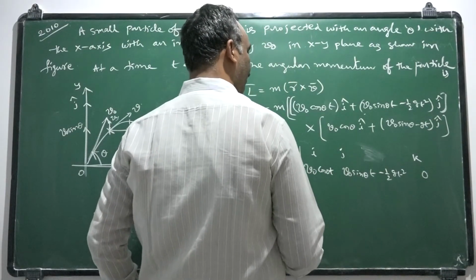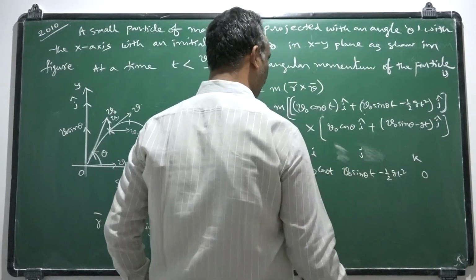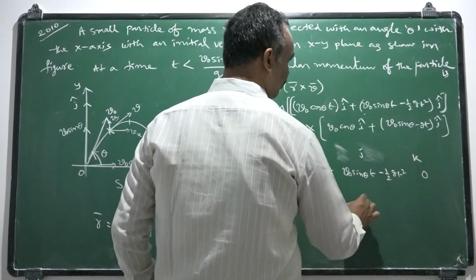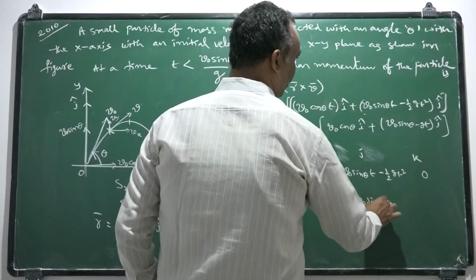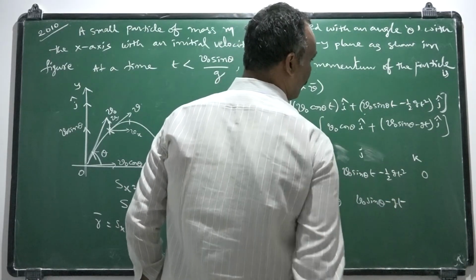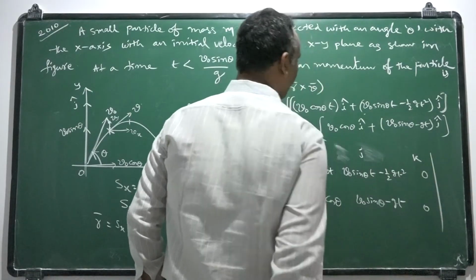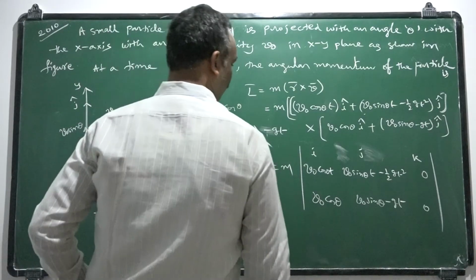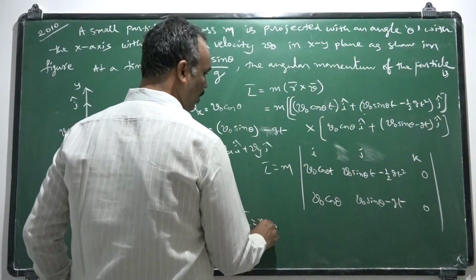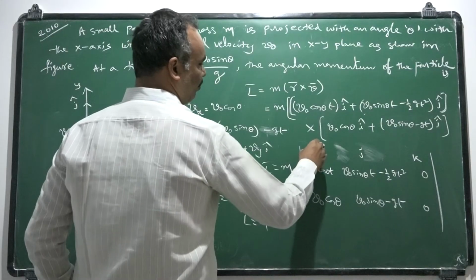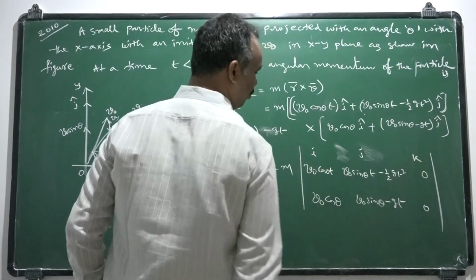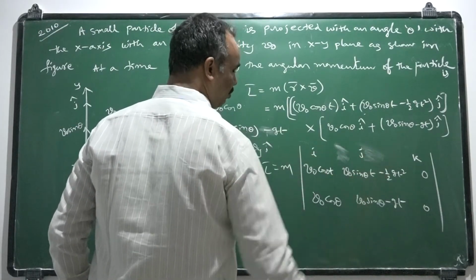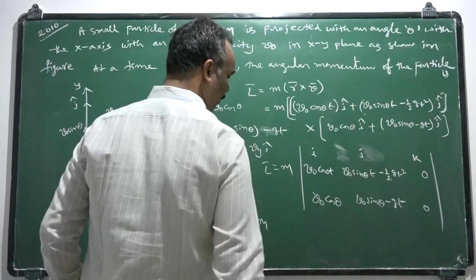Similarly the second row is v naught cos theta, v naught sin theta minus g t, 0. If you expand this, L bar is given by m into... first of all, if I close these two, 0 minus 0 is 0, no i component will be available. If you take j, that is also 0. Only you are left with k.